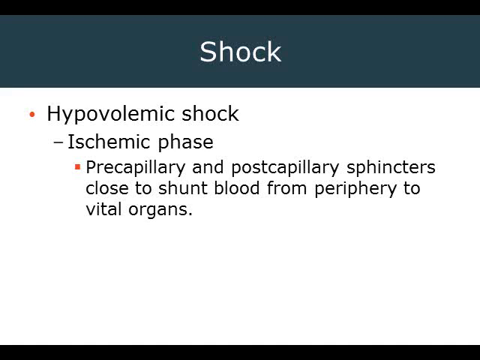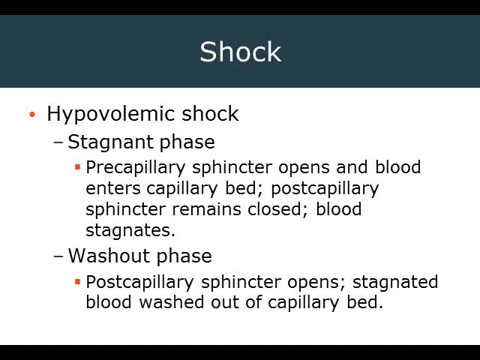However, in reality, we lose the actual working part of the circulatory system, the part in which the cells get the stuff they need, and the stuff is taken away. So that's the ischemic phase. Then we get the stagnant phase. In the stagnant phase, then, the precapillary sphincter opens, and the blood enters the capillary bed.